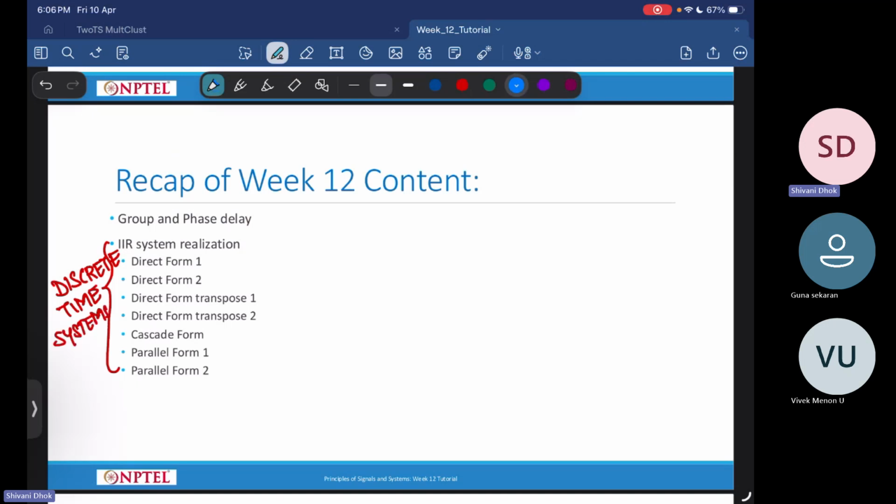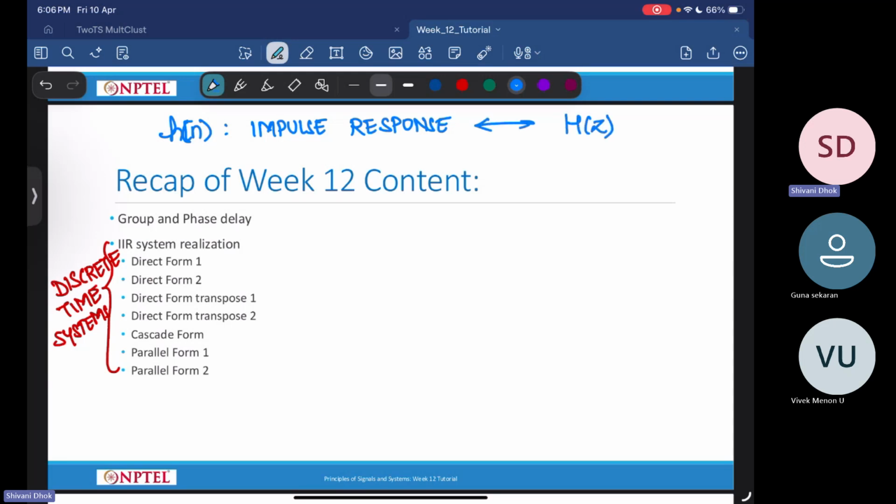So your h of n is, let's say, the impulse response of your discrete time system with transfer function H of z.